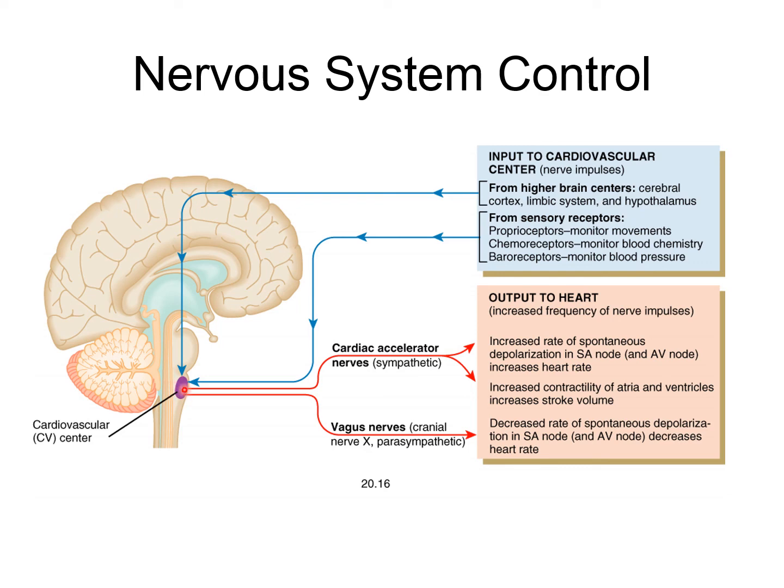Here we can see the heart center, or the cardiovascular center, is present in the medulla oblongata, and that is the region to control involuntary muscles, and particularly the heart. So the inputs are coming to this center from the cerebral cortex, from the limbic system, that is the system of the brain for the emotions, and then the hypothalamus.